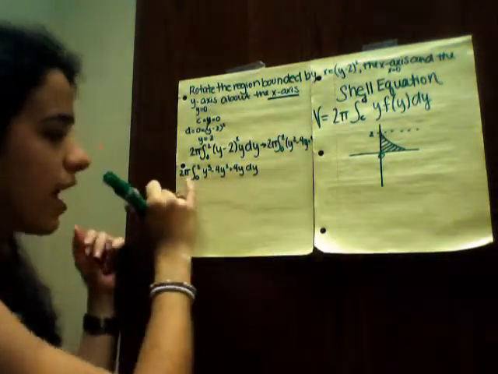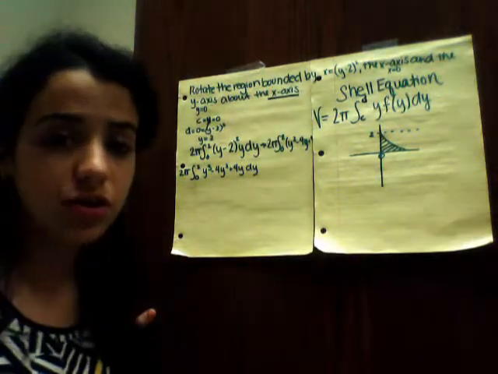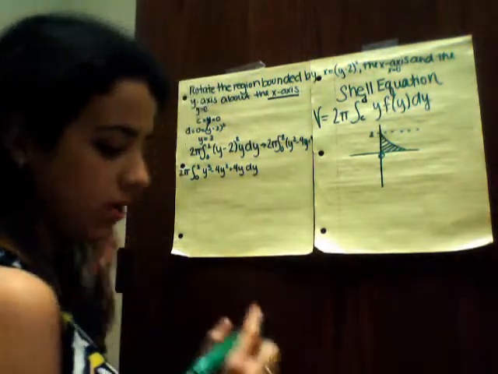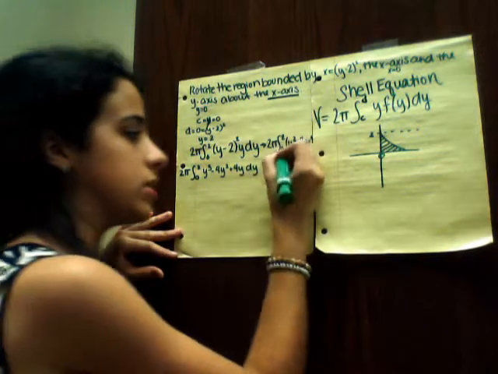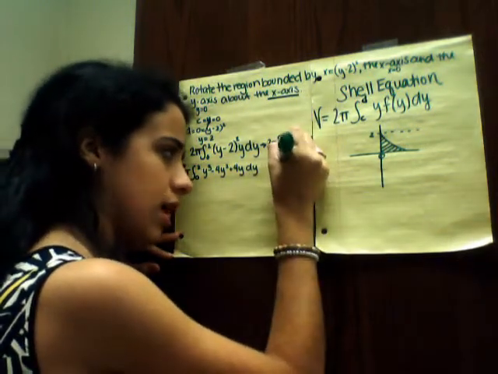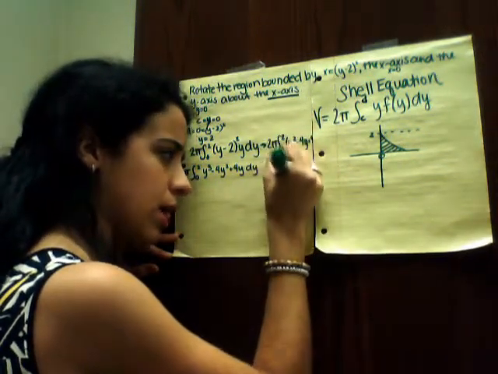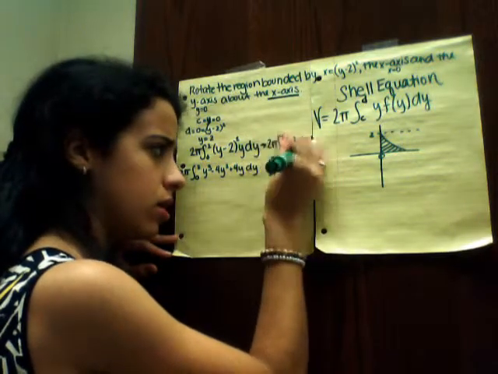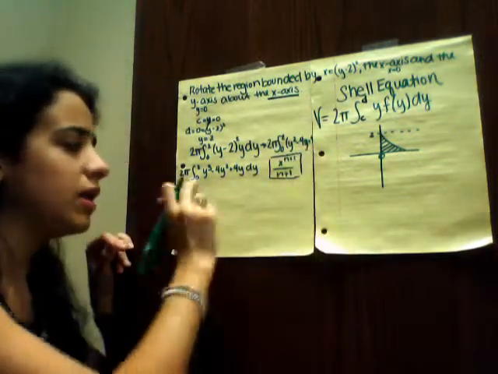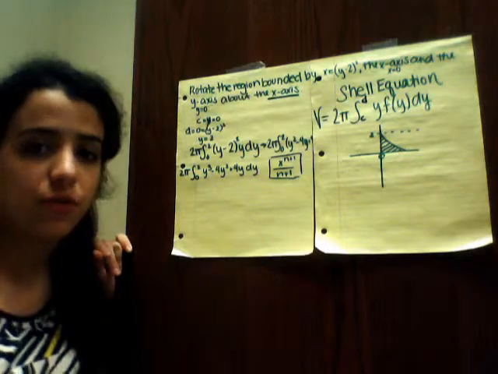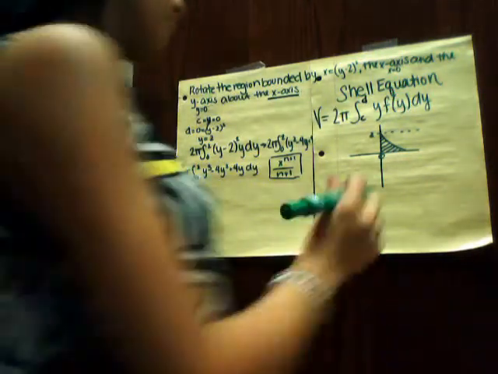Okay, now we need to integrate this equation. We can find the integrals using the exponent property, adding one to the exponent.